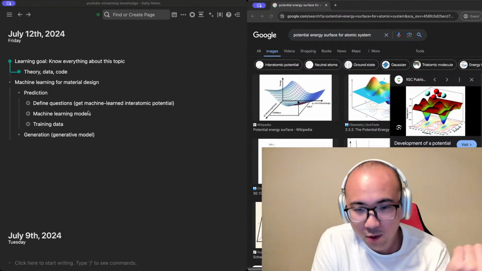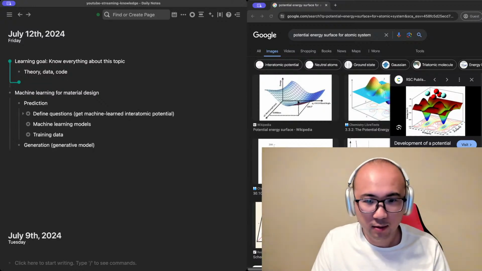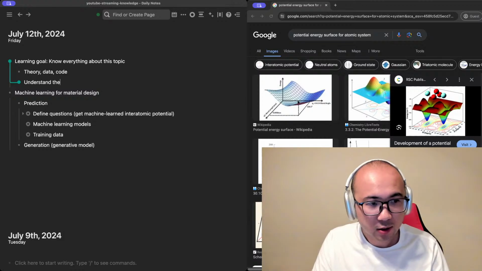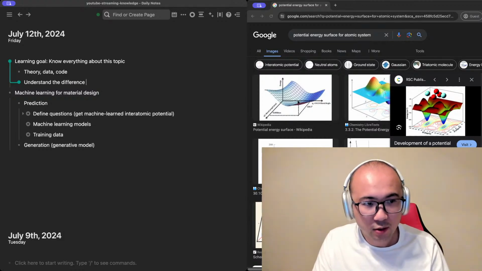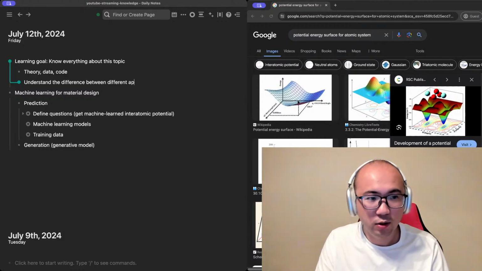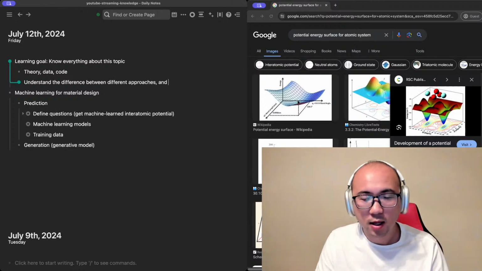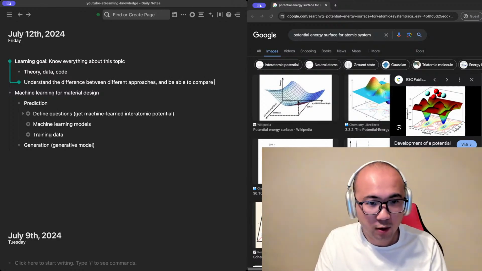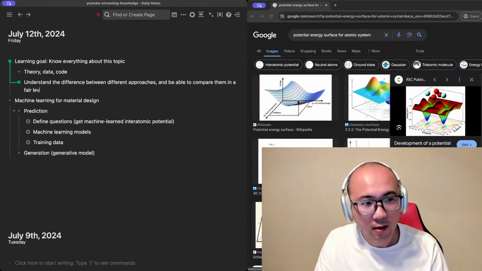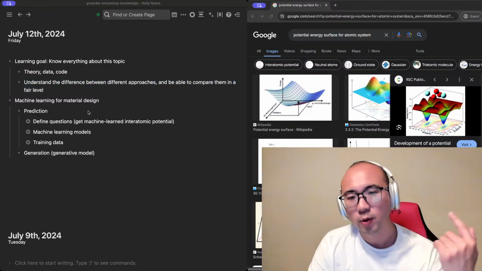Theory, data, and code. And we want to understand the difference between different approaches and be able to compare them. This is also what we want to do.